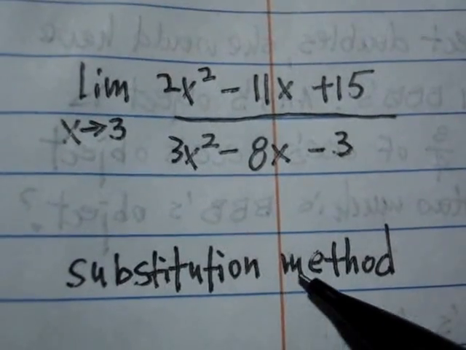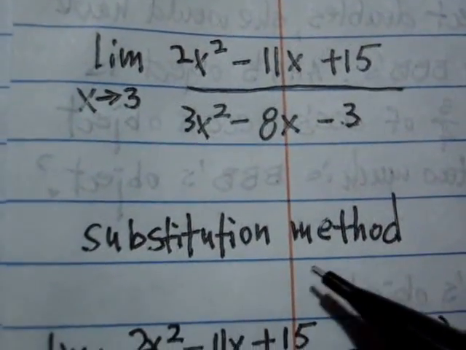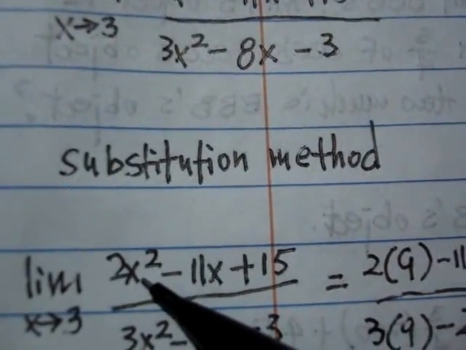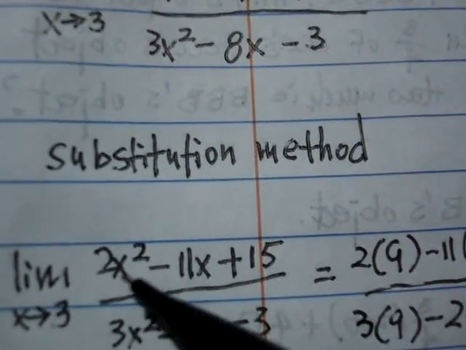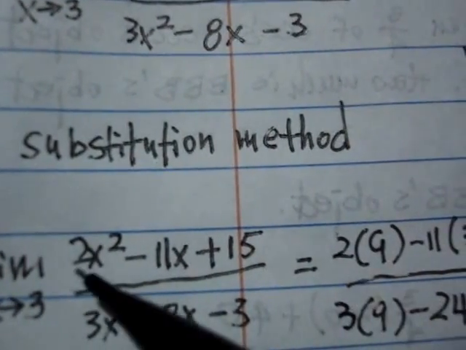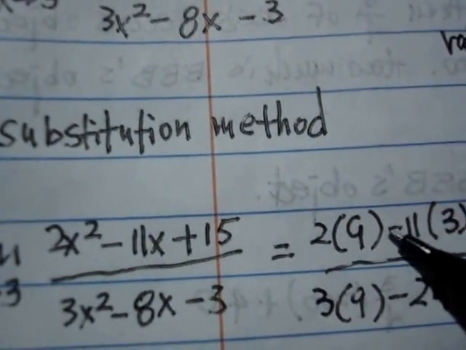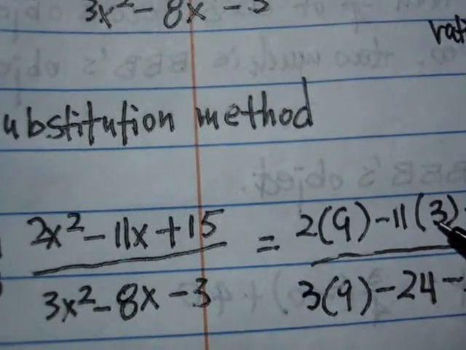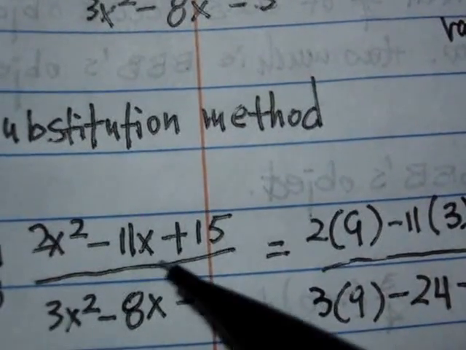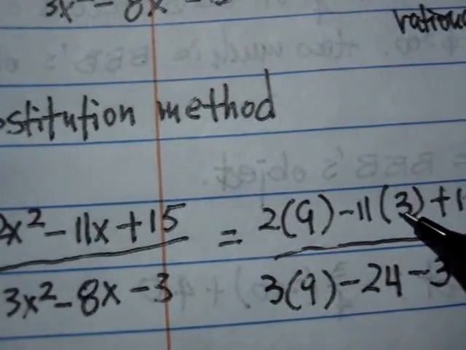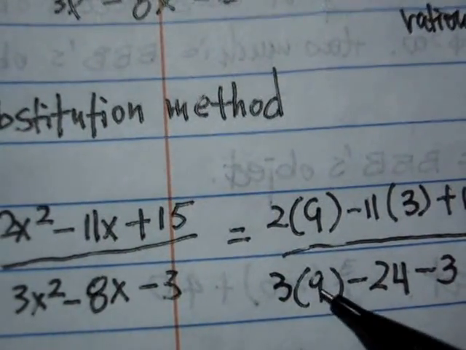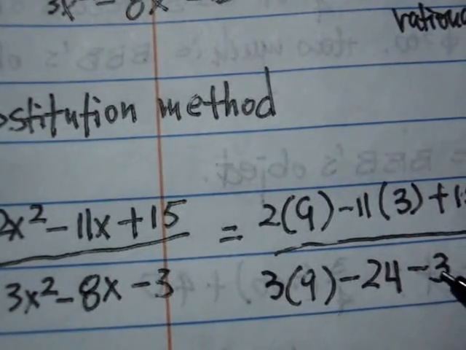So now that we are using the substitution method, which is the first method, you take 3 and plug it into every x. So 3 to the second power becomes 9. So 2 times 9 minus 11 times 3, because you plug in every variable that you see, plus 15. 3 times 9 minus 24 minus 3.